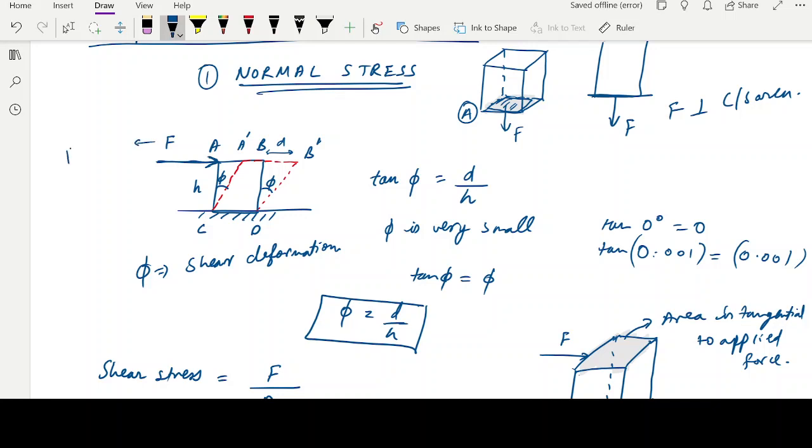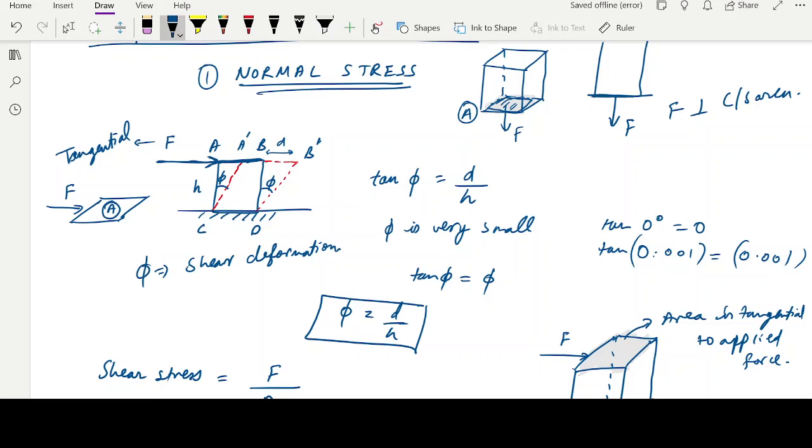This force is tangential to this area A. This force will cause the body to deform like this, as shown by the red dotted line. This body will deform like this by an angle phi. This is known as shear deformation.